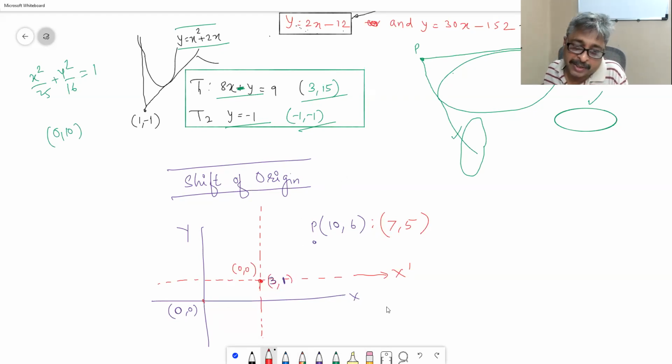The new coordinates of point Q, it is below, are 5, -3. What is its old coordinate?